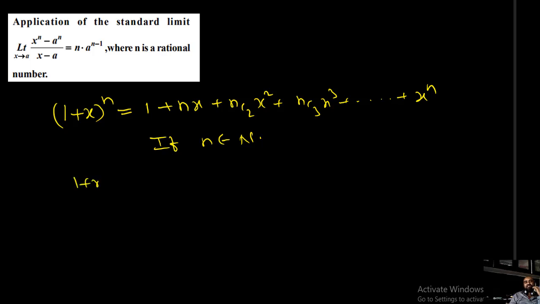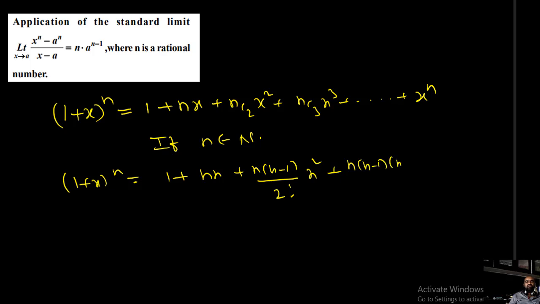Or (1 plus x) whole power n is equal to 1 plus nx plus n into (n minus 1) by 2 factorial into x square plus n into (n minus 1) into (n minus 2) by 3 factorial into x cube, so on to infinity, provided mod x is less than 1, in this case n belongs to Q.